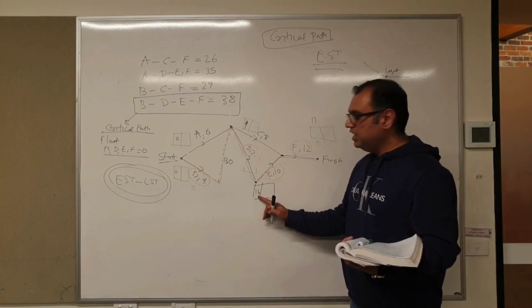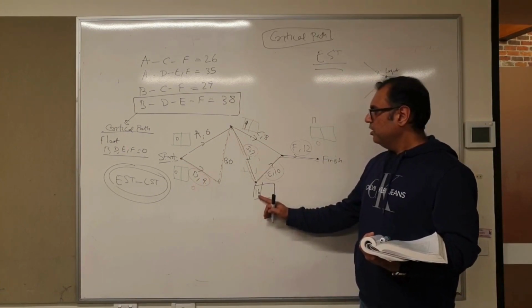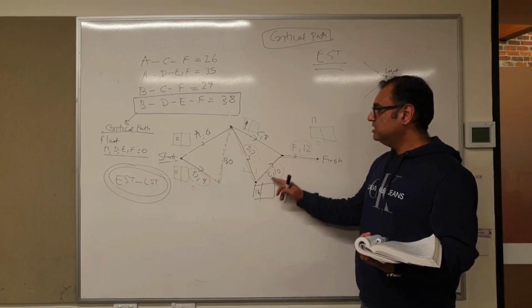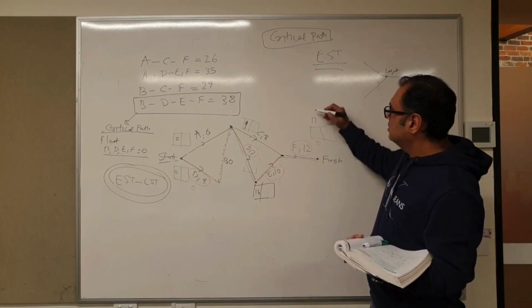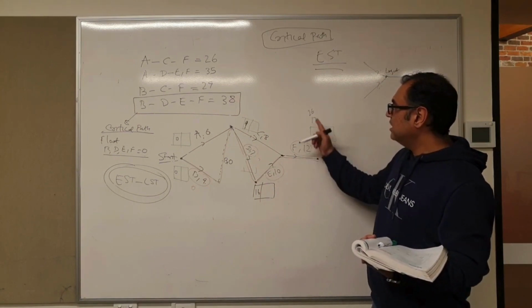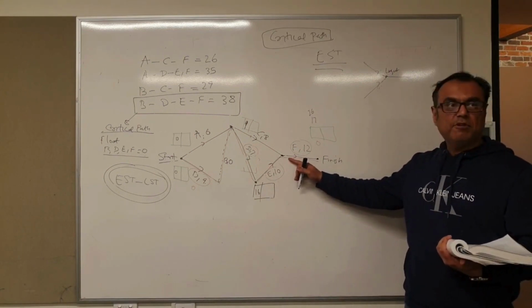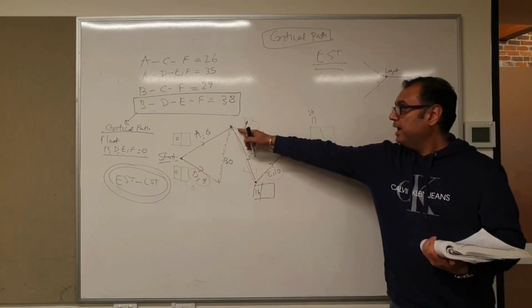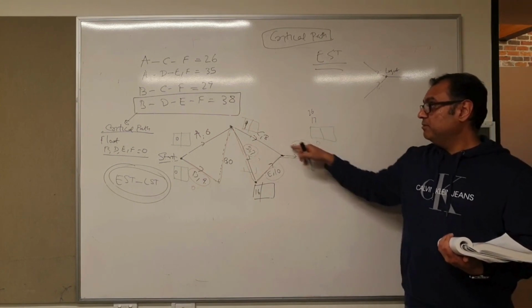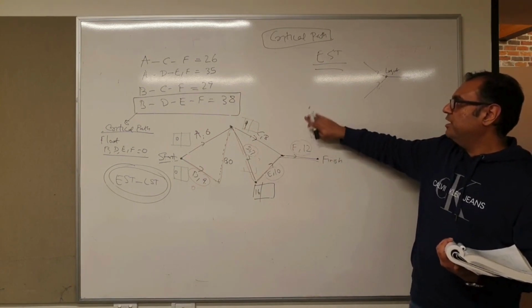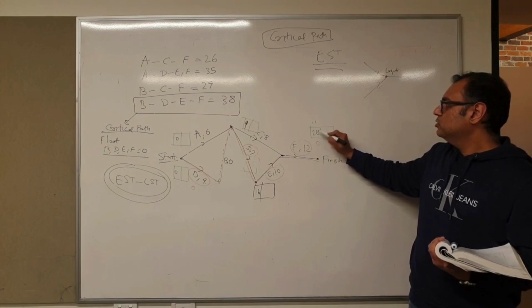Then from 16, from E you reached F. 16 plus 10, 26. So F has another number, 26. F has a 26 coming from the bottom, from E, and 17 coming from C. So which is higher? You take the higher number, 26.